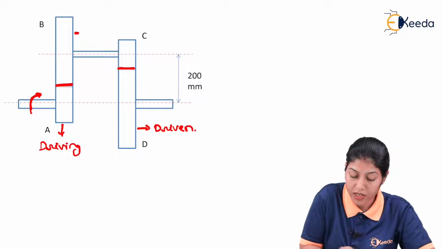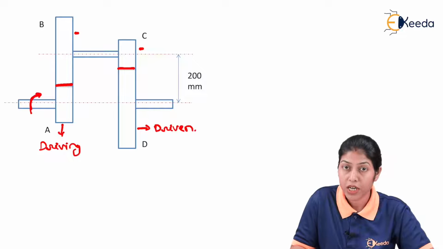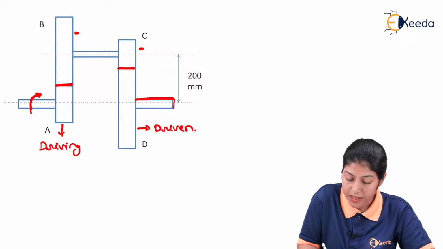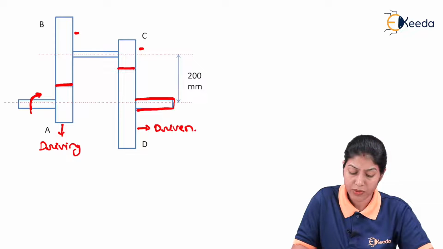So the speed of the gear B and gear C we can consider same because it depends on the speed of the shaft. And this gear C is in meshing condition with gear D. So this particular gear D we are considering the driven gear. So the axis of the shaft of the driven gear will be coaxial to this driving gear. So this is representing a reverted gear train diagram.